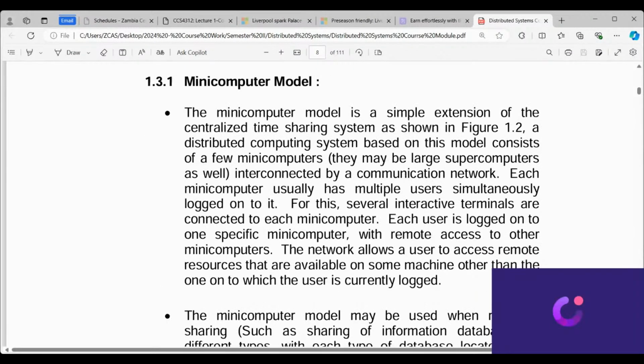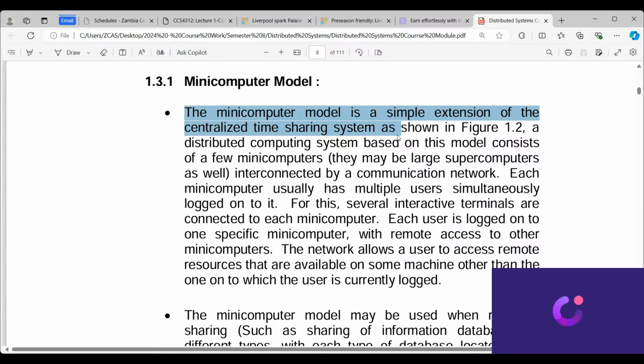The mini computer model. If you look at the mini computer model, this is a simple extension of the centralized time sharing system.